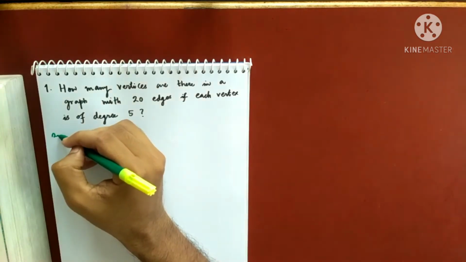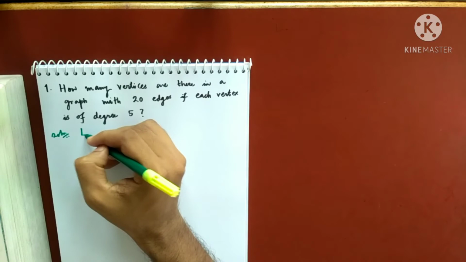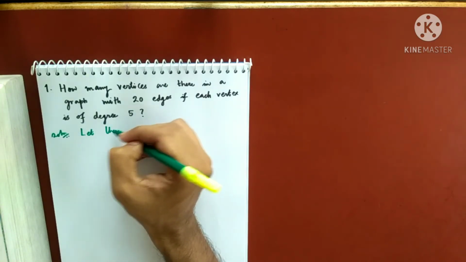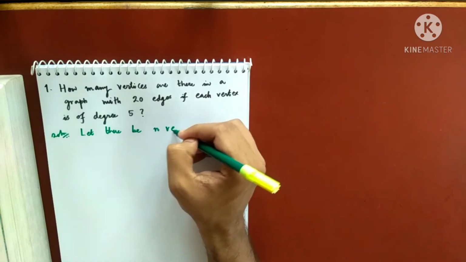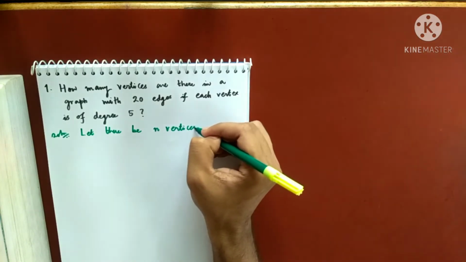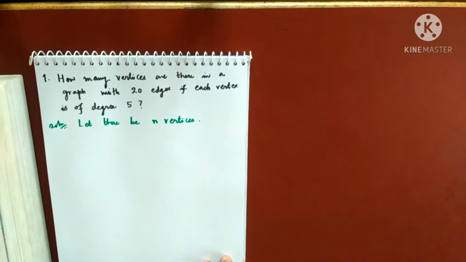So we will start the solution like this. Let there be n vertices. I have to determine the value of n.